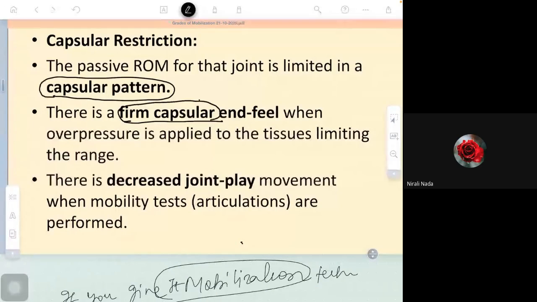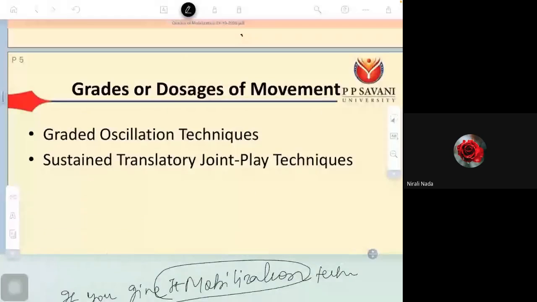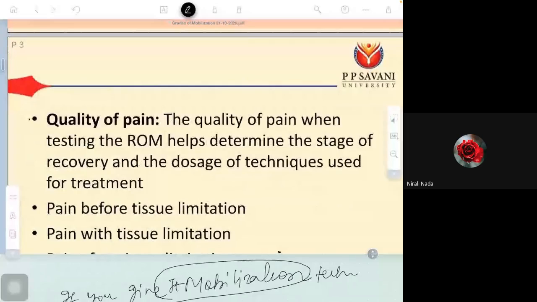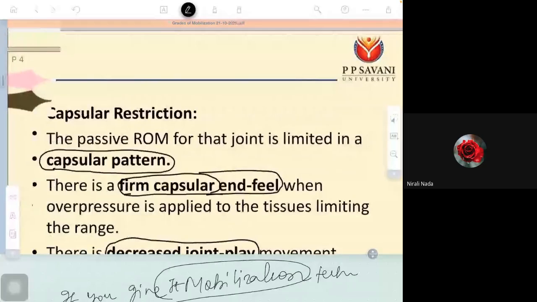And third, there will be decreased joint play when you test the mobility of the joint. So this is about capsular restriction. Any doubt? Quality of pain we discussed and capsular restriction we discussed.